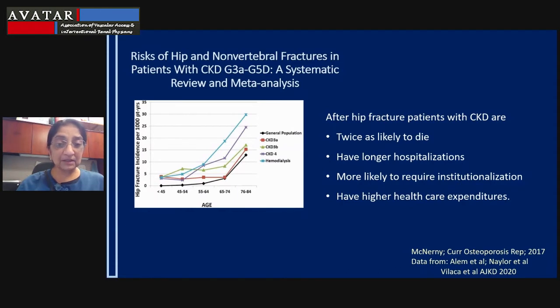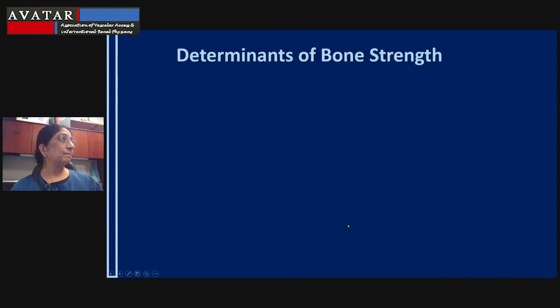This risk of fracture increases as severity of the kidney disease worsens, as well as across the age spectrum, which is very parallel to what we see in the general population without kidney disease. And having a fracture in a patient with kidney disease is not trivial. After a hip fracture, patients with chronic kidney disease are twice as likely to die, have longer hospitalizations, more likely to require institutionalization, and have higher healthcare expenditures.